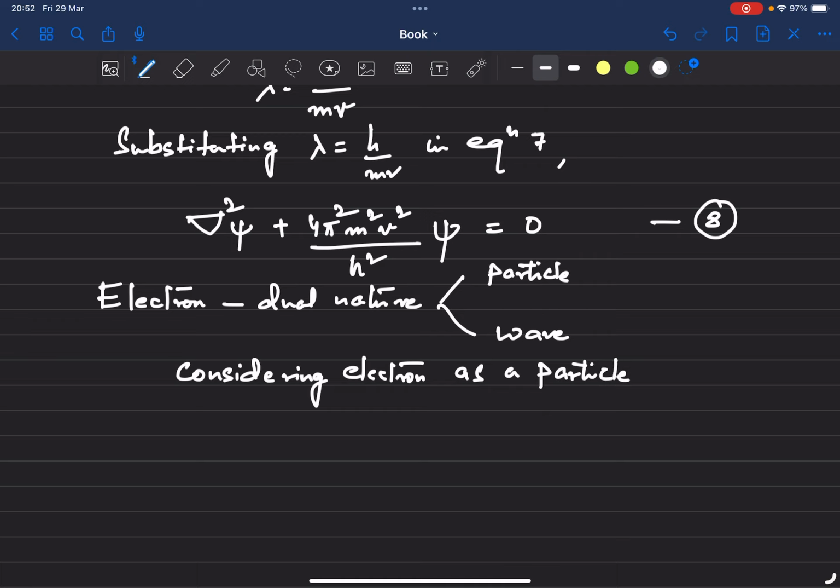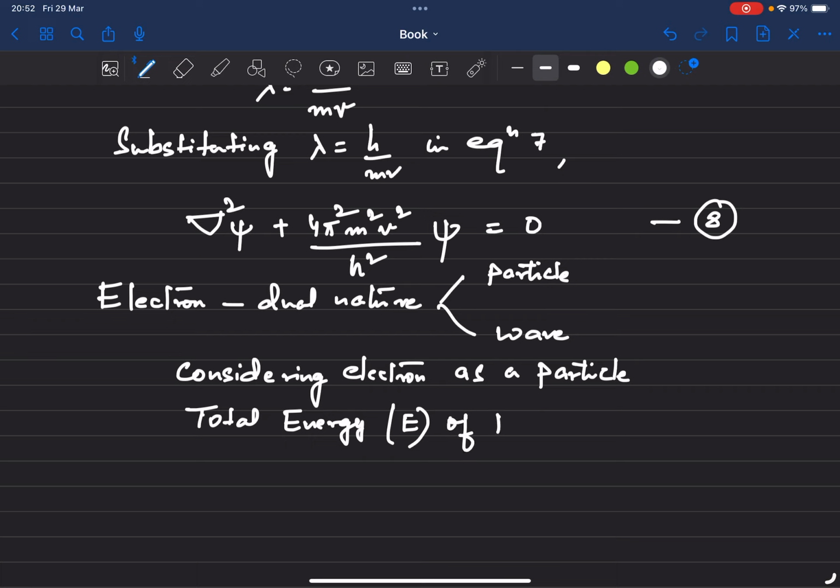We can introduce this electron as a particle can have a total energy. Considering electron as a particle, then total energy of the system, इसके पास एक total energy आ जाएगा. Total energy जिसको हम कैपिटल E से डिफाइन करेंगे.